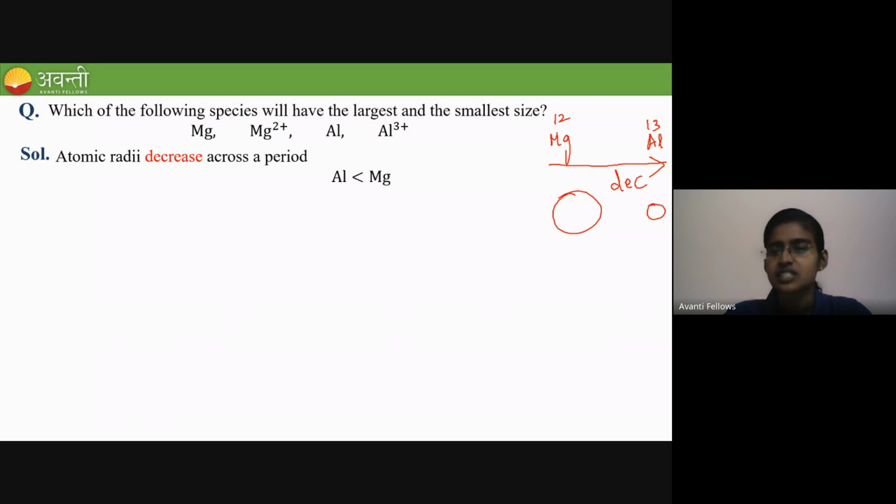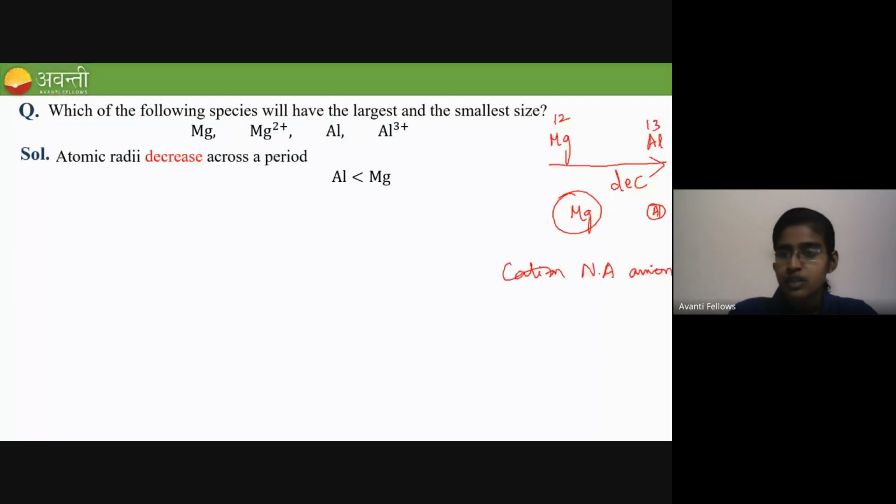Okay, let's check. Magnesium, you see here, this is magnesium and this is aluminium. Okay, good. So now this is the order. We also know that cations are smaller than their parent atom. Yesterday we discussed a concept, right?